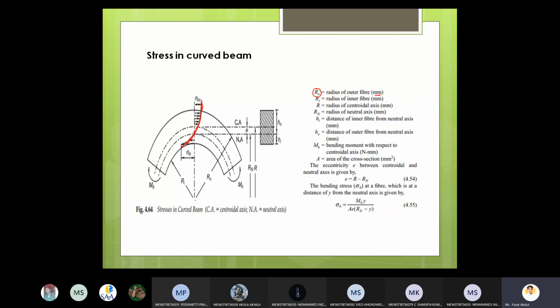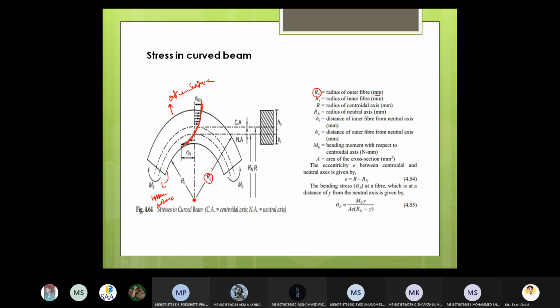Suppose this is the center of curvature, and the distance from the center to the outermost layer, this is the outer surface, and this one is the inner surface. The distance from the center of curvature to the outer surface is referred to as the radius of the outer fiber, R naught.